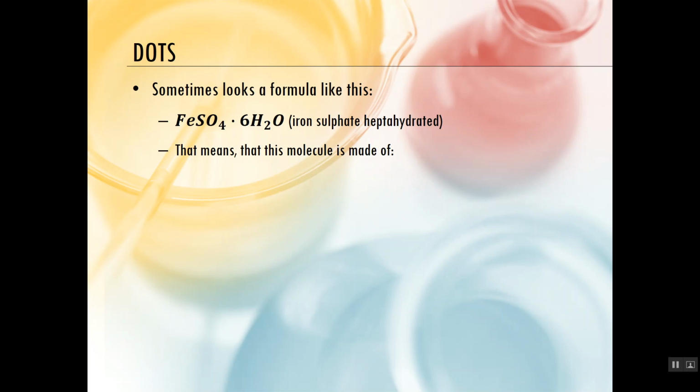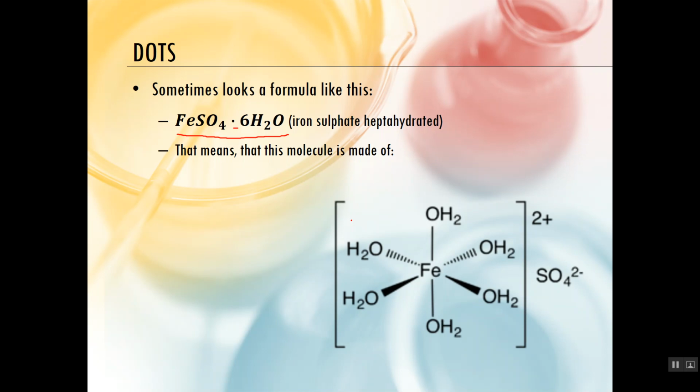Sometimes a formula looks like this. There is a dot here, and then there are a certain number of H2O. This molecule looks like this. And the formula means that you have an iron sulfate and 6 water molecules.